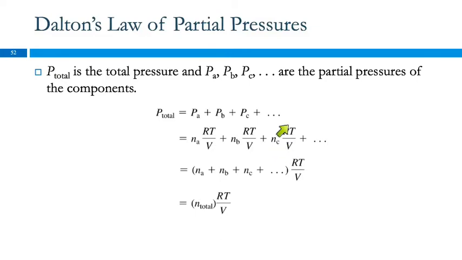RT and V are the same for each of these terms, and so we can factor that out and see that the number of moles of each type of gas would give us the total number of moles of gas.